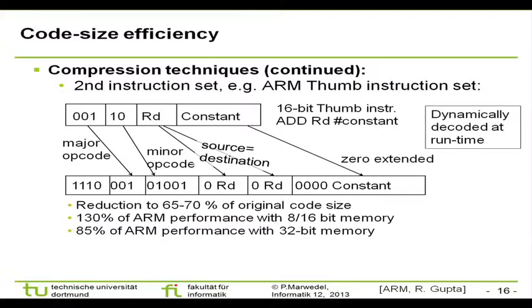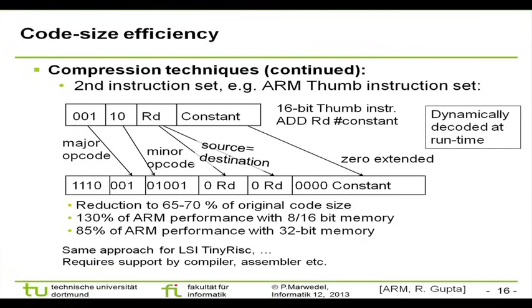But later on it has been found that it is not very much encouraged, because too much usage of such predicated statements does not lead to good readability. Okay. So, besides ARM, the same approach has been taken up by other processors like LSI, TinyRISC and all those. And in order to do that, it requires the support of the compiler and the assembler. Okay.